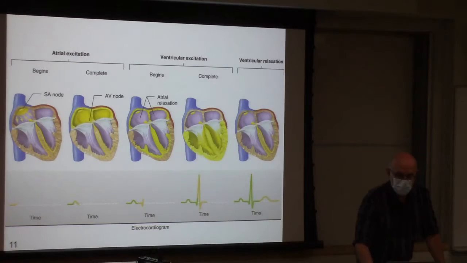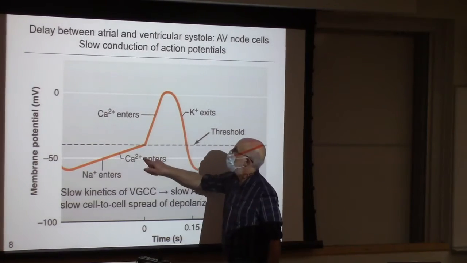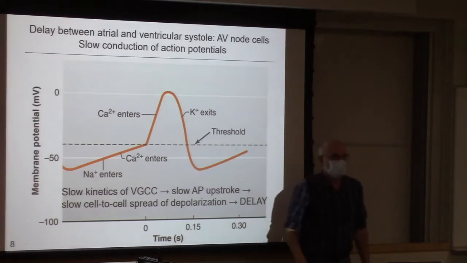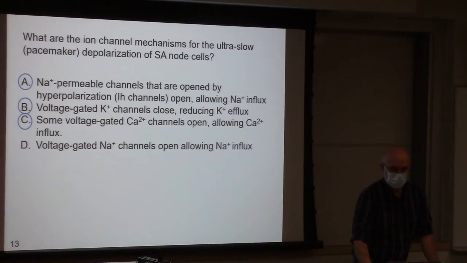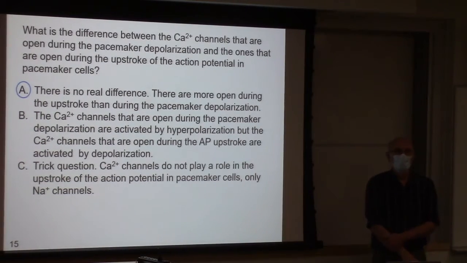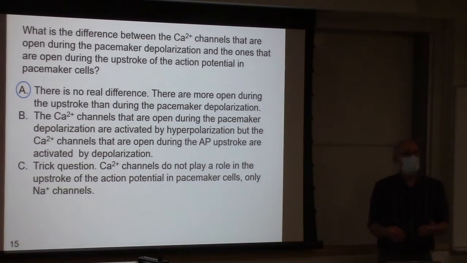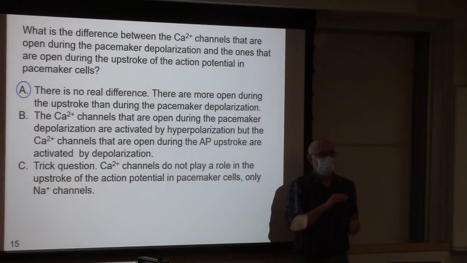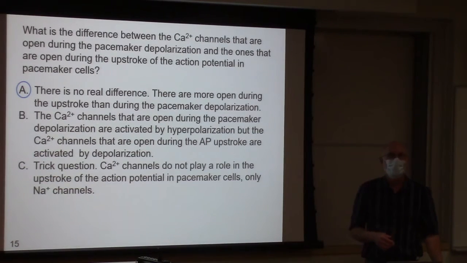It's getting at the difference between these calcium channels and these calcium channels. There's no real difference. Your book talks about T-type calcium channels, which are different, but they aren't the only thing that's important for the pacemaker. So there are similarities, and the similarities outweigh the differences.